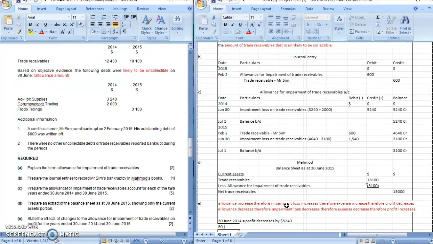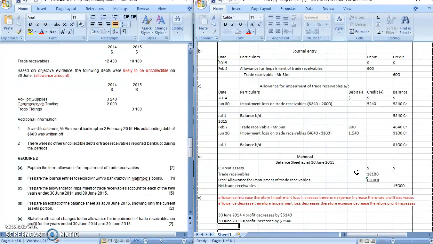On the 30th of June 2015, however, if you notice, our allowance account decreased by 1,540. Look for the entry with the impairment loss. So since our allowance decreases, our profit increases by 1540. So that's it for the second part of the video.